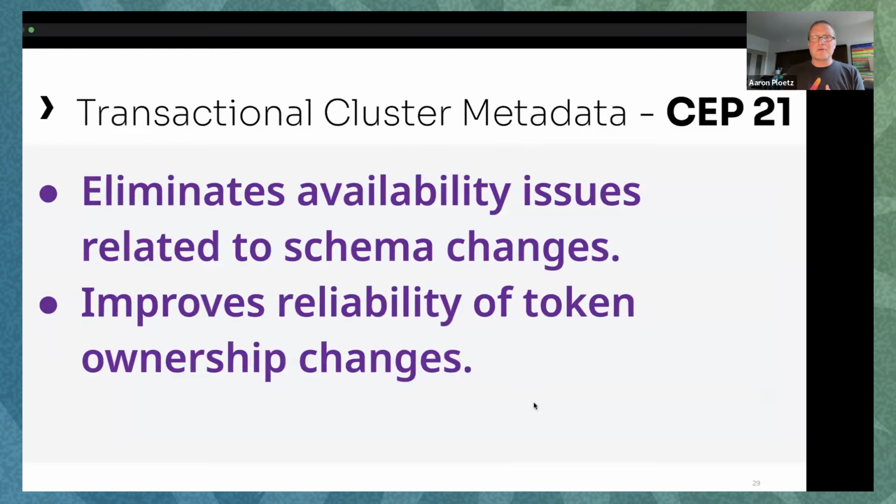So again, we're talking about eliminating availability issues related to schema changes, and again, that's huge. And the other part of it too is that it improves the reliability of token ownership changes. So again, to go back to my Target example, this time of year, they and all the other online retailers start gearing up for the holiday season.